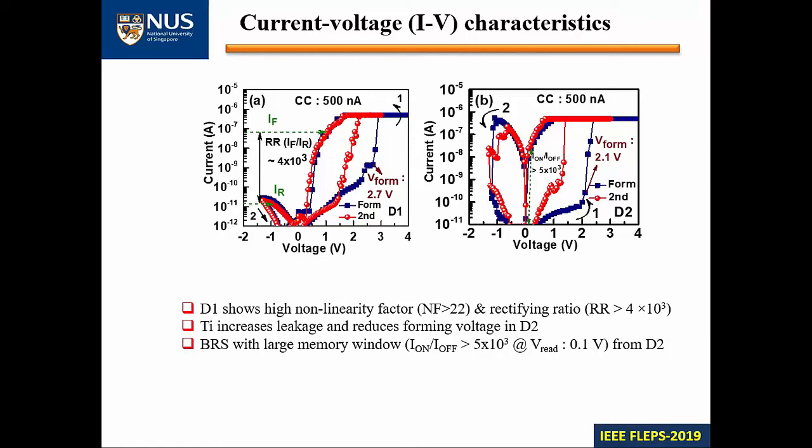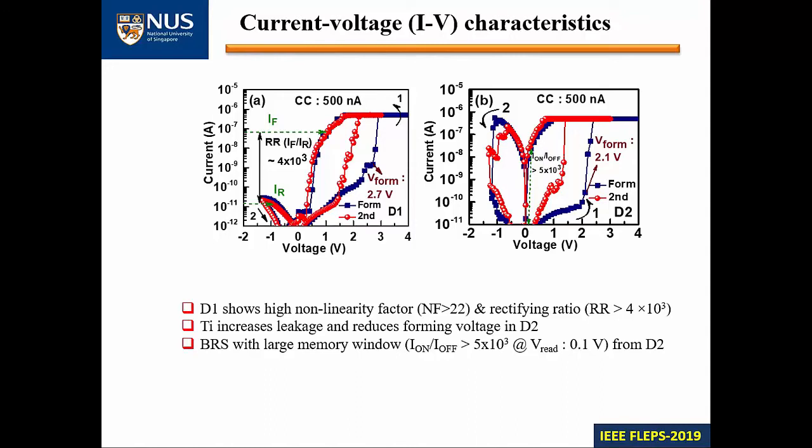We can also conclude that the impact of the Ti interfacial layer is a higher leakage current and a lower forming voltage in D2, since the forming voltage decreased from 2.7 to 2.1 volts.